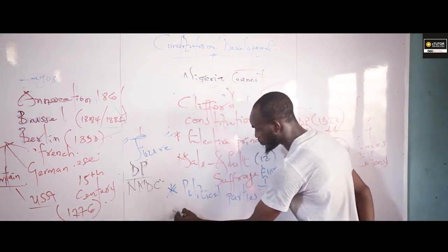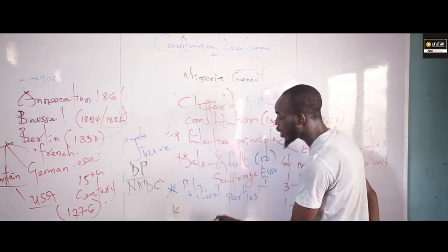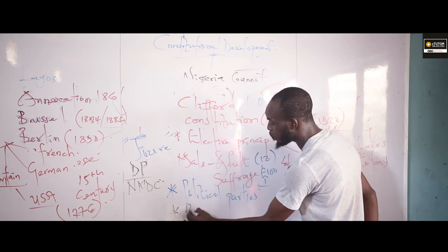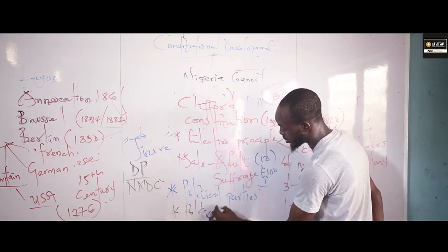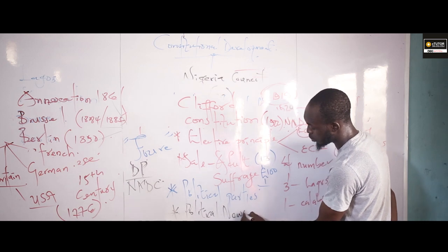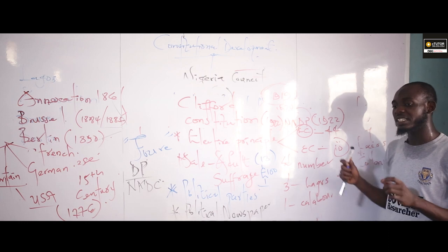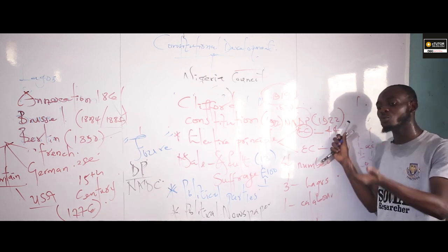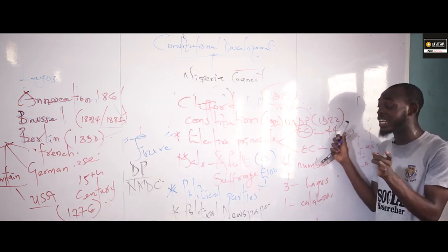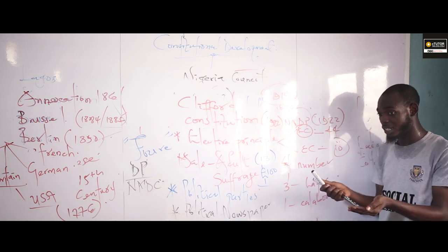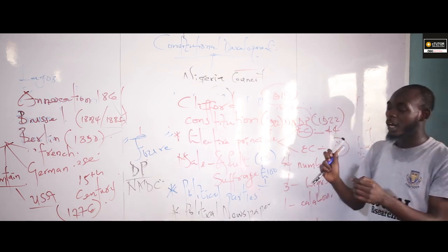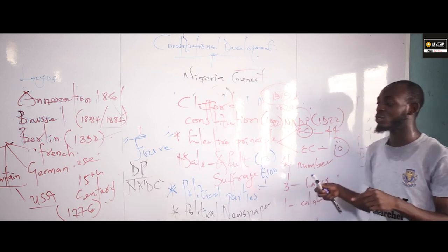Now, we also have the chances of creating our own political newspapers. Political newspaper in the sense that if they ask you the first newspaper to be created in Nigeria, that is not political. Do you understand? There's a difference between the first newspaper and the first political newspaper.